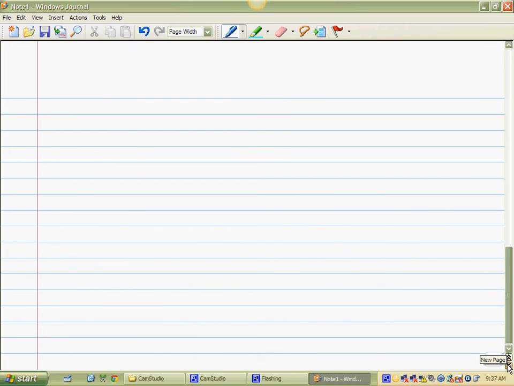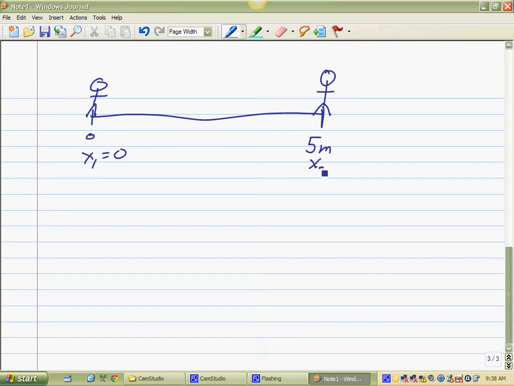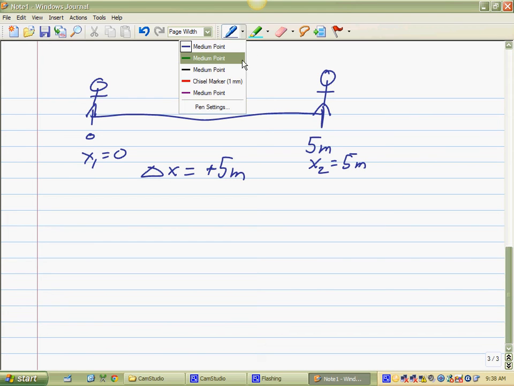Well, if I start at 0 and I run to a point, and we'll say to 5 meters away, then x1 was 0, x2 was 5 meters, and my change in x is a positive 5 meters. So that positive tells me the direction.